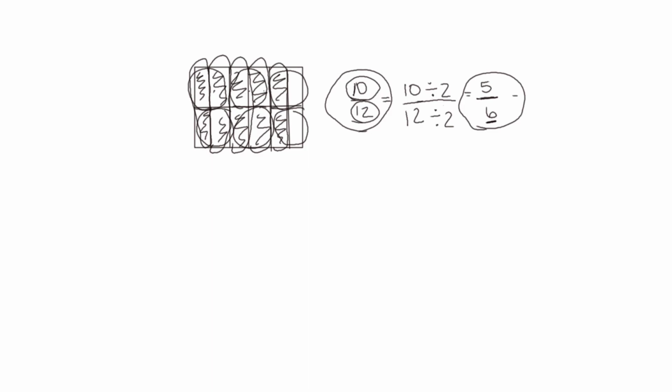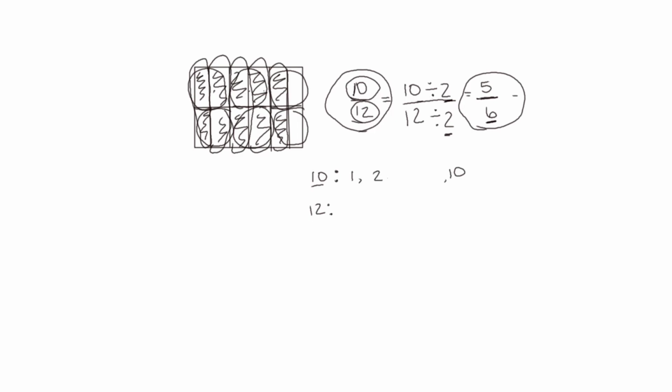Now, to help us find this number of what we can divide them by, we can list all the factors of the numerator and all the factors of the denominator. Remember, factors are the pairs of numbers that when multiplied together give us this product. So we can always do 1 and the number itself. Those are always factors.